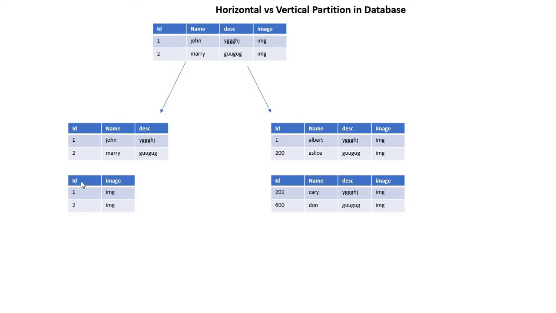That is a vertical partition. Now this table has very few records compared to the master table, so whenever I search for my employee using the employee ID, there are not too many records I need to scan through.